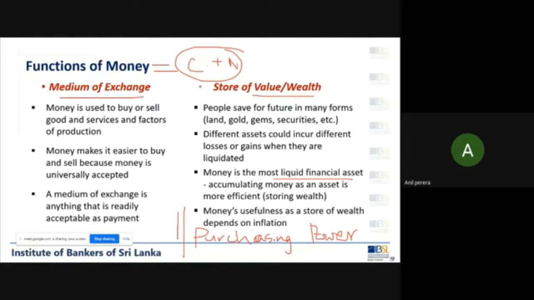Any response? Sorry, you have to answer because I can't see the chat. I hear the voice or sound like ting, ting, ting, but I can't see it. How can you compensate for this erosion of value over the time?